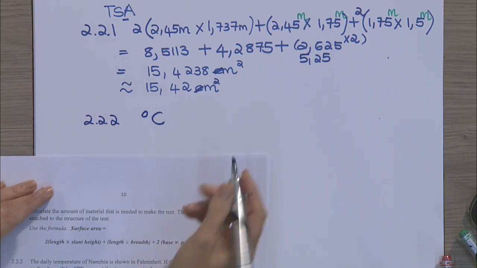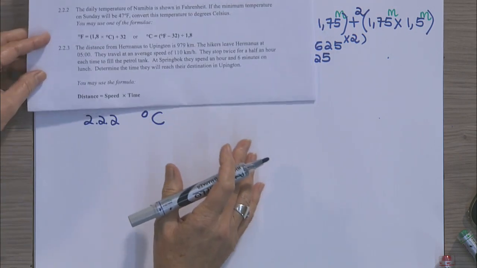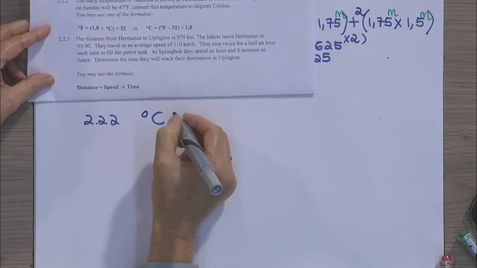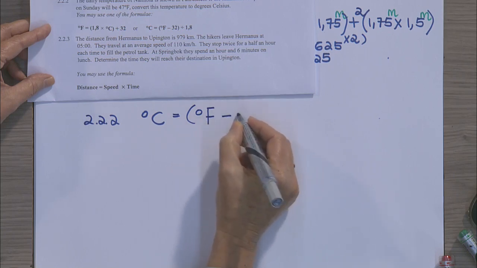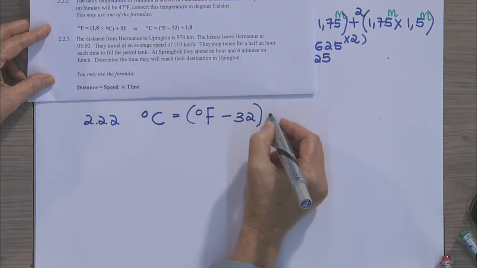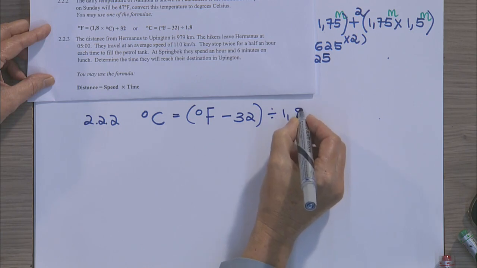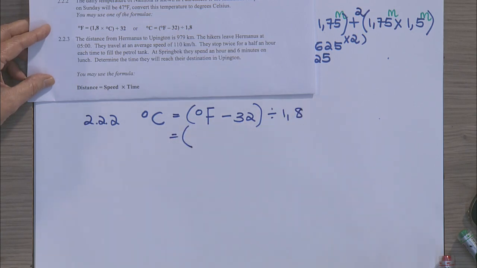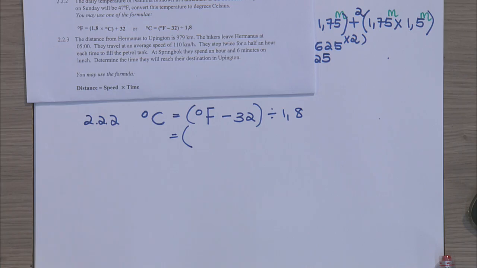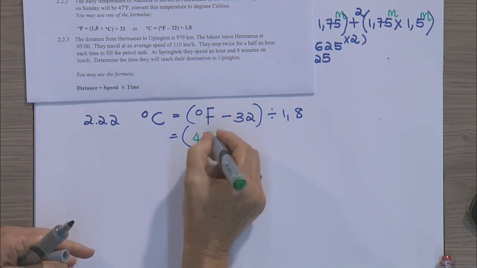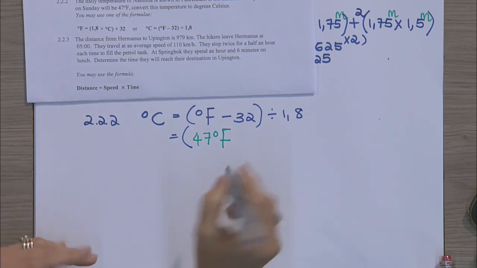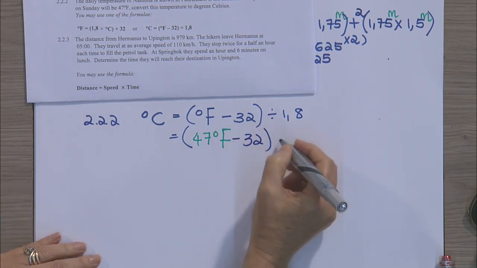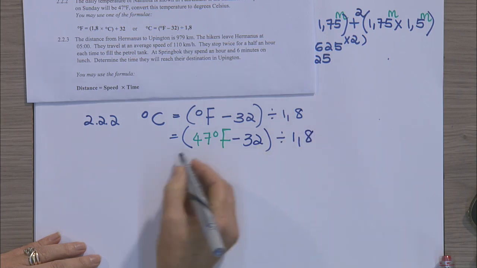What does the formula say? I need to take the degrees Fahrenheit that I have, minus 32, divided by 1.8. So I'm going to substitute the 47 degrees Fahrenheit into the formula. Minus 32 divided by 1.8.